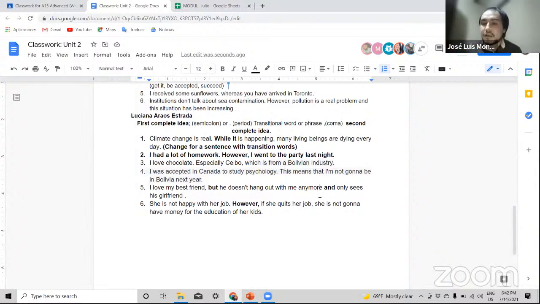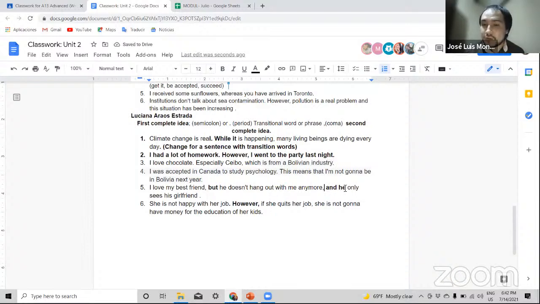But actually, if you repeat he and you say one more time, for example, and he only sees his girlfriend, in this case, if you repeat one more time one subject, even though it's the same subject, it's a good idea to write this. It's not necessary, but it's a good idea grammatically speaking.